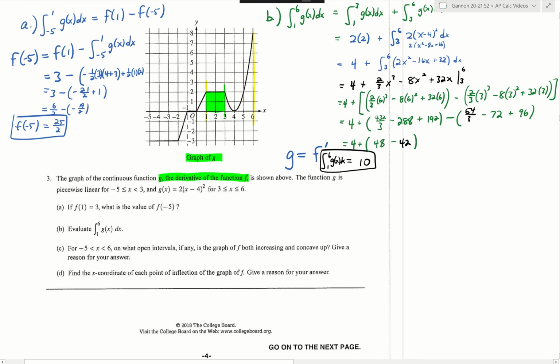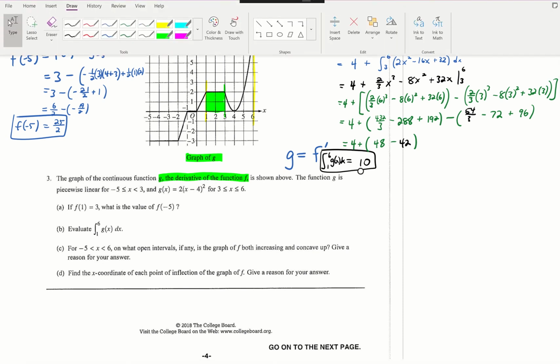All right, so now if we take a look at part C, it says for x greater than -5 and less than 6, on what open intervals, if any, is the graph of f both increasing and concave up? Give a reason for your answer.